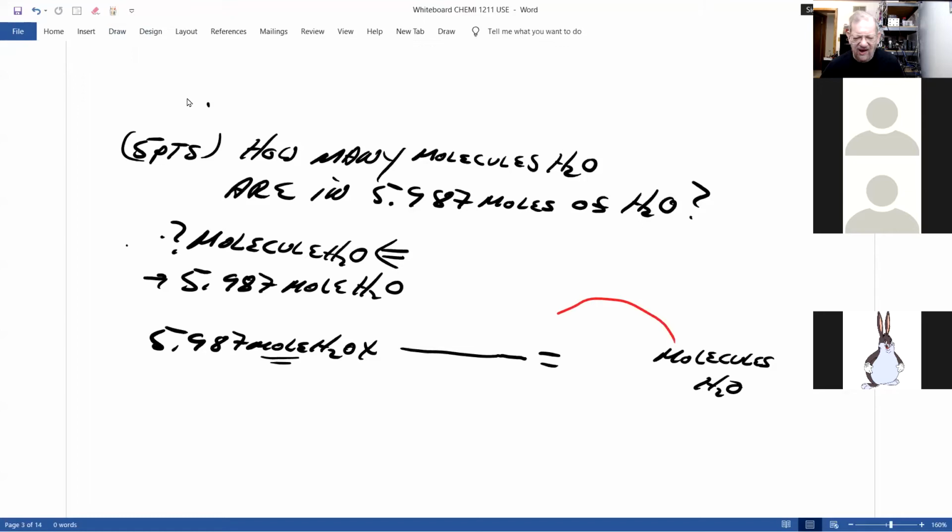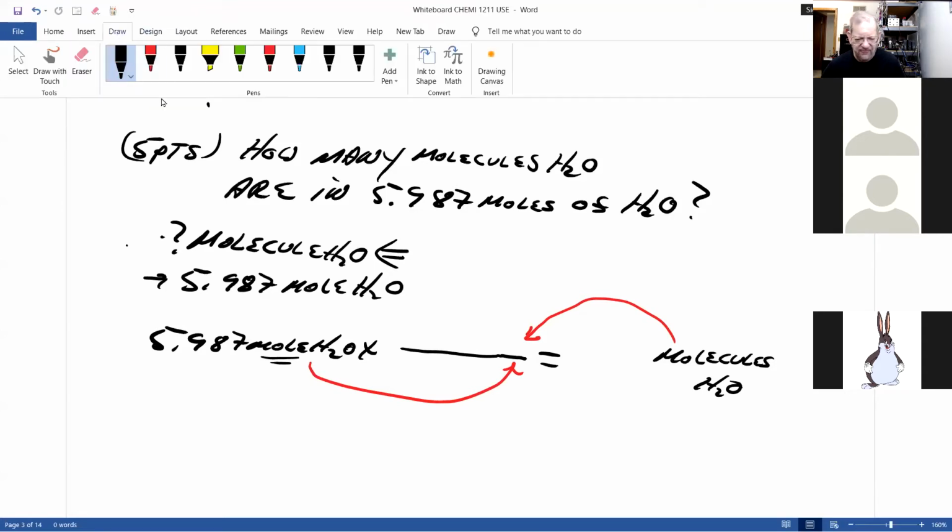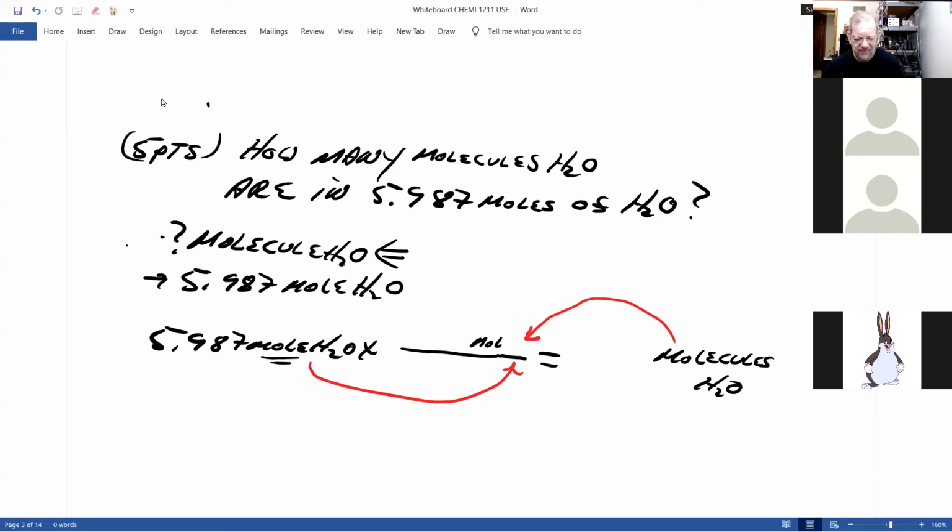Whatever I'm trying to get to goes on top of the ratio. Whatever I'm trying to get rid of, unit-wise, goes underneath the ratio. So I'll put molecules of water and moles of water.